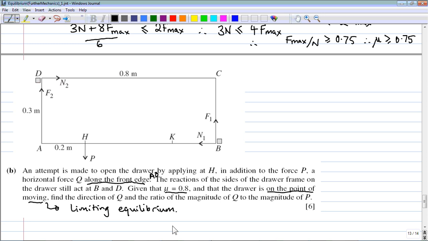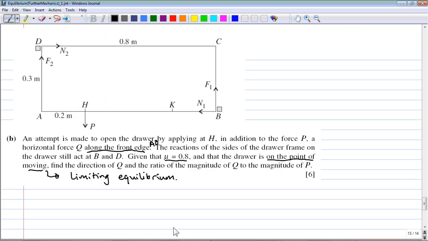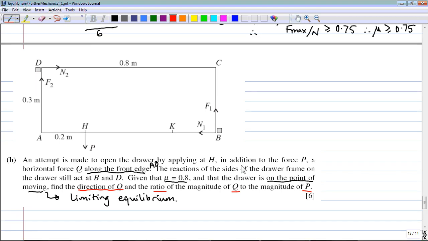So we've got limiting equilibrium, we've got the value of mu, and what we're asked to find is two specific things, which is underlined in red, the direction of the force Q and the ratio of Q to P. So they told us that Q acts along the front edge, but they didn't tell us the direction being to the left or to the right. So if I draw Q acting to the left, we can guess the direction of Q.